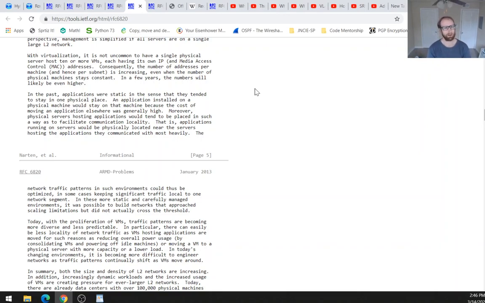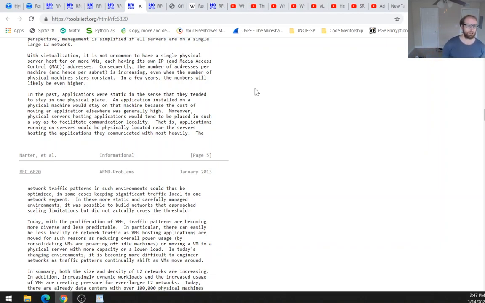In the past, applications were static in the sense that they tended to stay in one physical place. An application installed on a physical machine would stay on that machine because the cost of moving an application elsewhere was generally high. Moreover, physical servers hosting applications would tend to be placed in such a way as to facilitate communication locality.